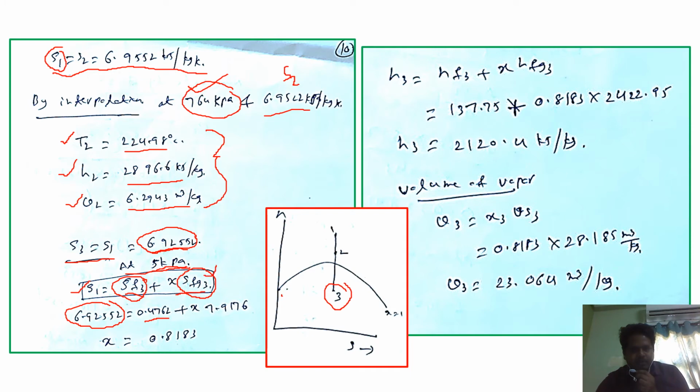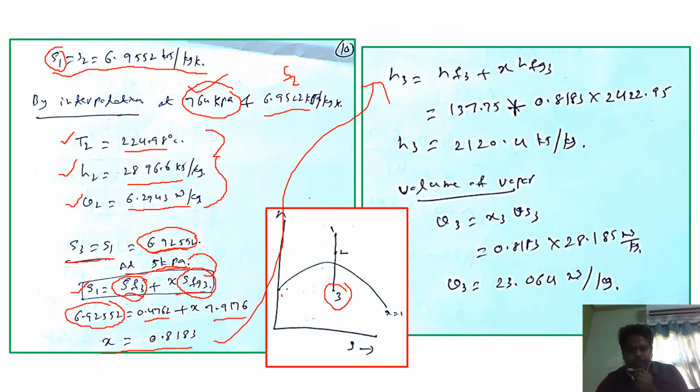These values also we take from the steam table at 5 kilopascal, that is 7.9176. From this equation we can find the dryness fraction X, that is 0.8183.